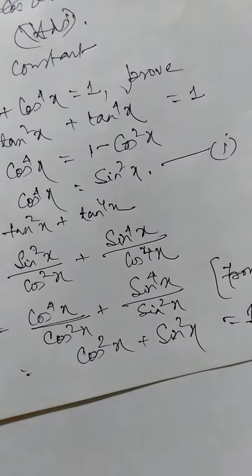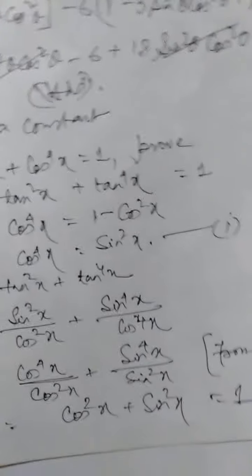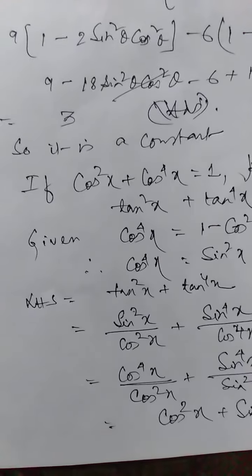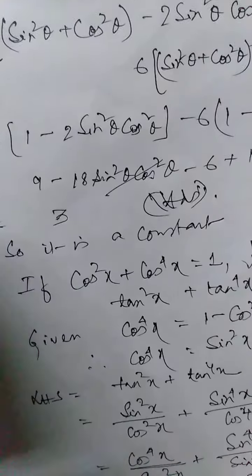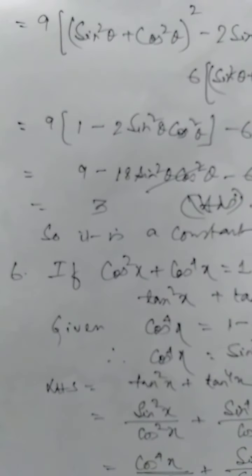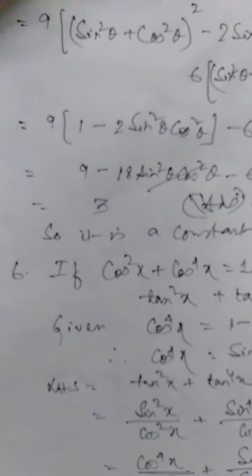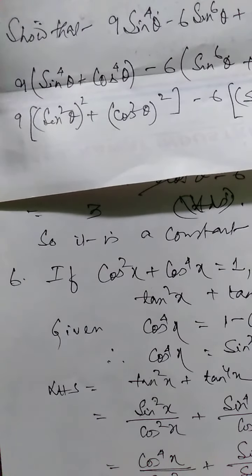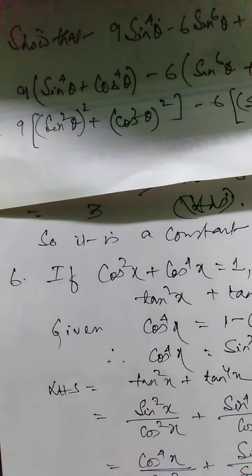See, after this we are getting finally this thing. So we are getting 9 into a square plus b square, where here we had a square, here we are having a square plus b square, and this is a cube plus b cube.